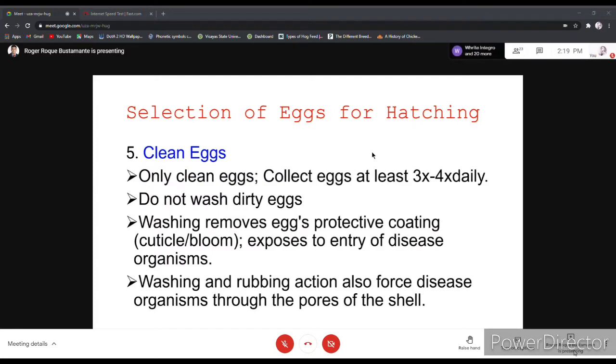So washing and rubbing action also force disease organisms through the pores of the shell. So you need to be careful in handling the hatching eggs. Now, in terms of ducks, sir, duck eggs are dirty. What to do, sir? We cannot wash the eggs because they have a lot of dirt.